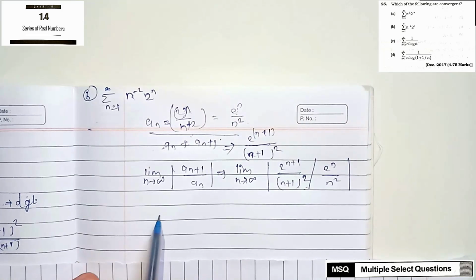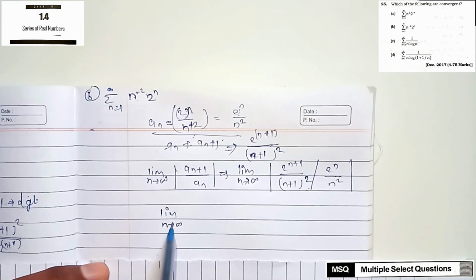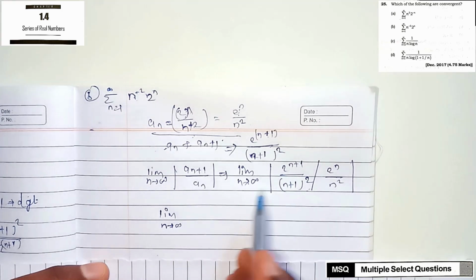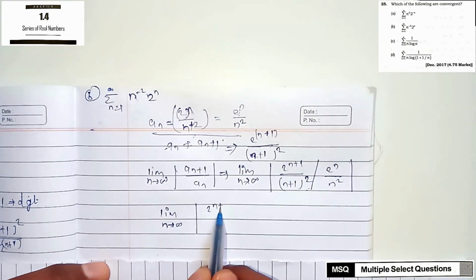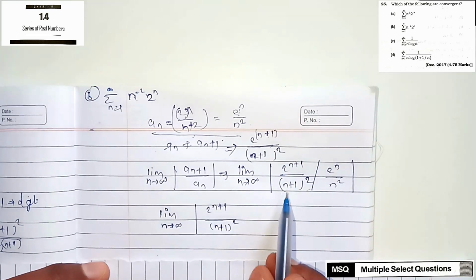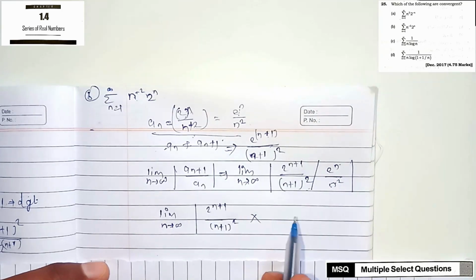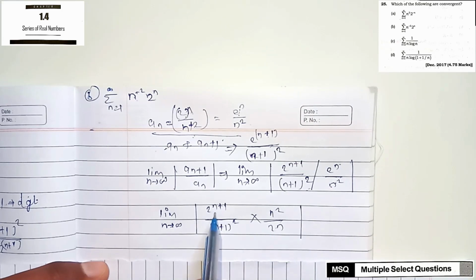So how do we go through the next step? Limit as n tends to infinity, the numerator as it is, 2 raised to n plus 1 upon (n plus 1) bracket square, multiplied by the reciprocal: denominator of the denominator, numerator, n square upon 2 raised to n. Bracket complete. So 2 raised to n cancels with this one.